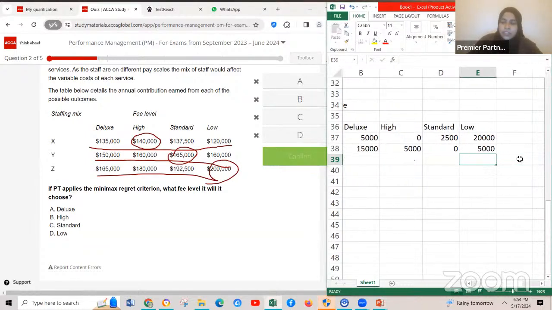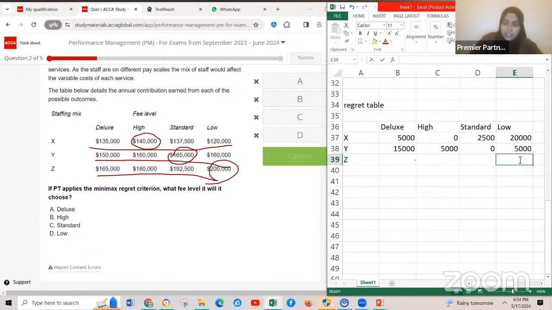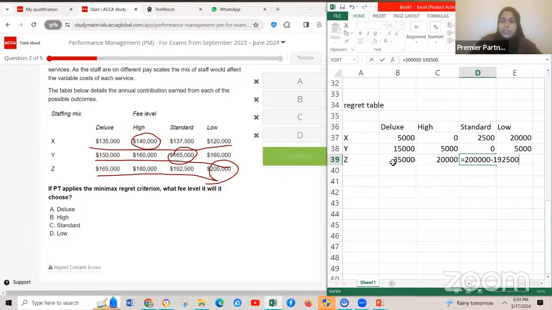Zero regret. Everything else, there is a regret. So you do it horizontally like this. And then, so 200,000 minus 165. 200,000 minus 180. 200,000 minus 192.5. Now you have to look at the highest regrets of each situation, each fee level.